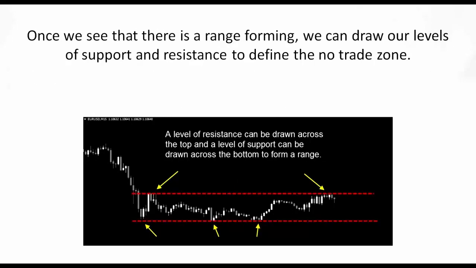All right, so a level of resistance can be drawn across the top, and a level of support can be drawn across the bottom. Once we see that there is a range forming, we can draw our levels of support and resistance to define the no trade zone. We know that the market is going to aimlessly wander within this zone. It's made its high, it's made its lows, and the market is just going to kind of bobble throughout that.